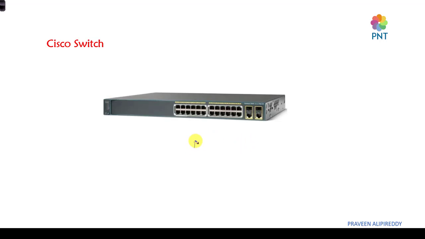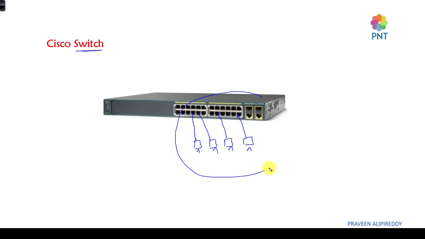Let's take an example. If you have some 4 to 5 computers and you want to connect them to each other, can you connect them directly? No, right? So in order to build a local area network, we need a device called a switch. We make the connectivity from switch to PC, switch to PC, switch to PC, and switch to PC.